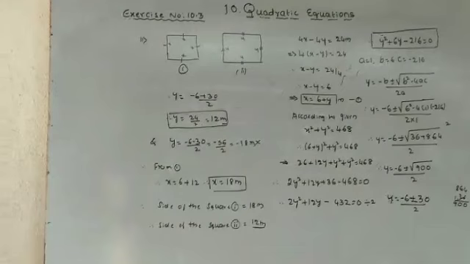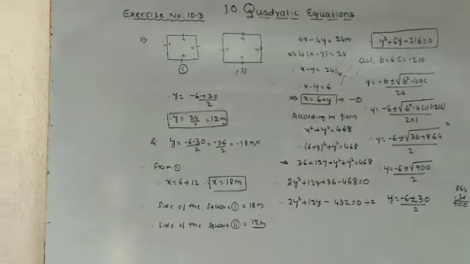Now you see the relations. The difference of their perimeters, first one 4x, another one 4y, difference, is 24 meters. If we take 4 as common, x minus y is equal to 24 by 4.